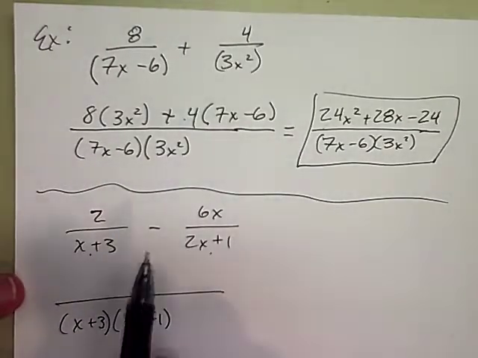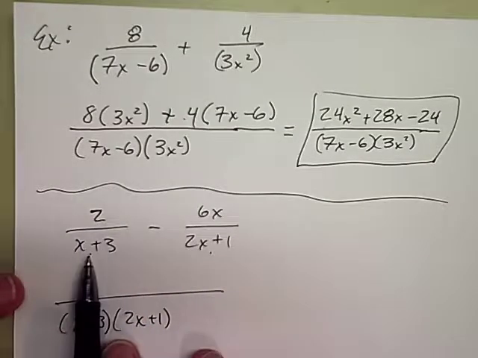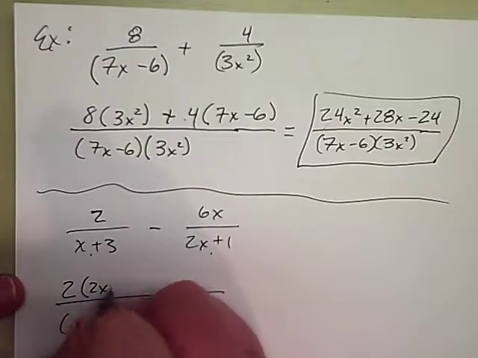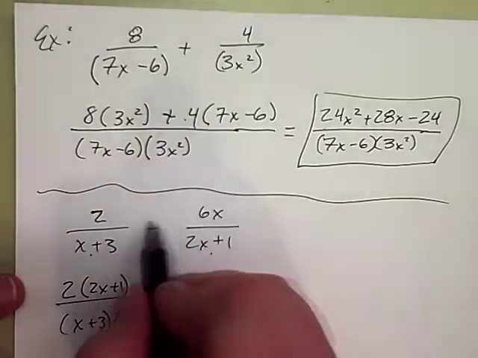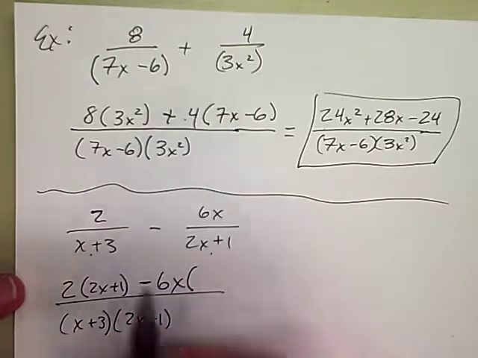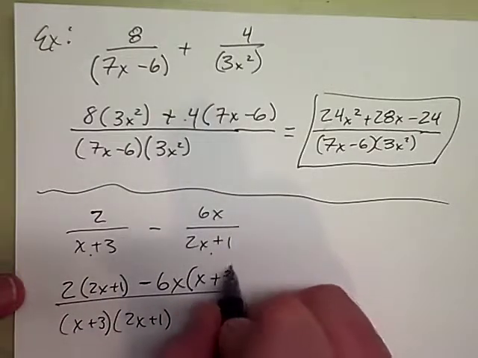And now I know the numerator on the left side, the original numerator here is a 2, and it's missing the 2x plus 1. So I have 2 times 2x plus 1. The minus sign goes here. And then we have 6x times, and this one was missing the x plus 3, so I need an x plus 3.